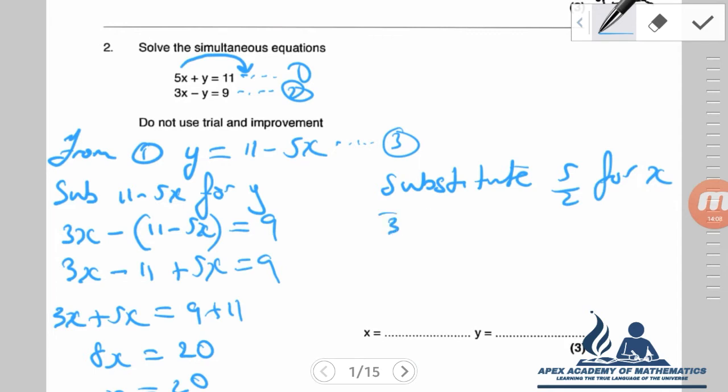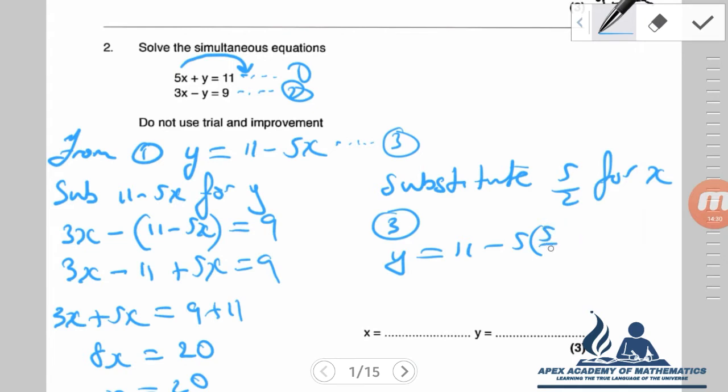Why? Equation 3 already has y as the subject, so to find the value of y, it's just a matter of substituting for x. So 11 minus 5 times, I'm sorry, not 3 but 5 over 2.